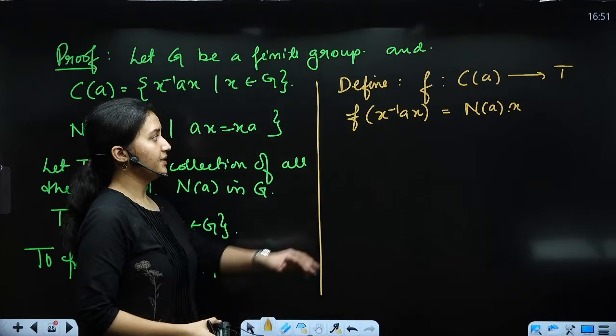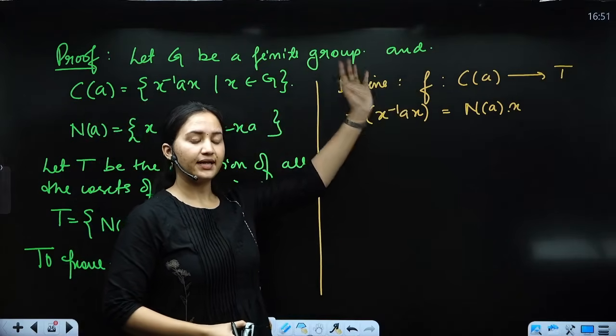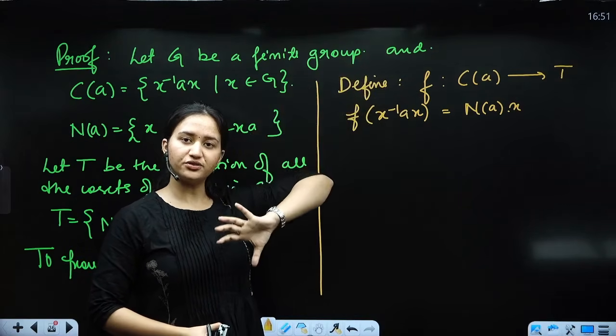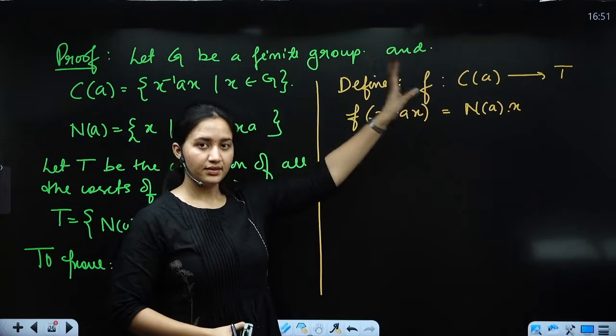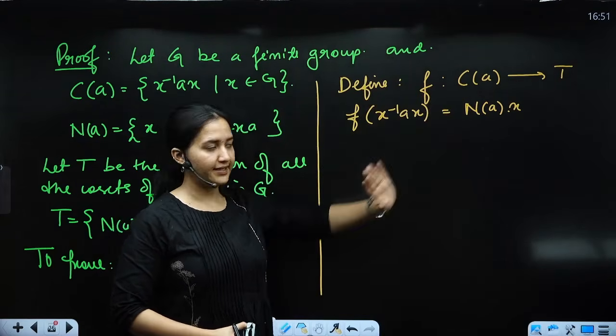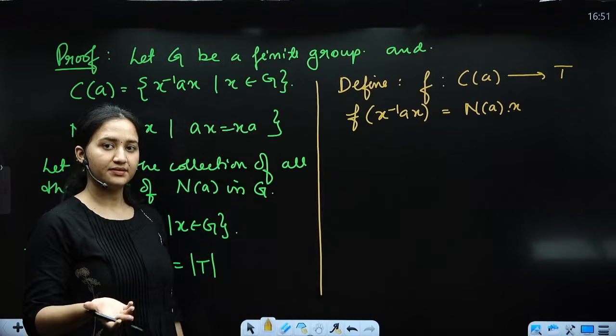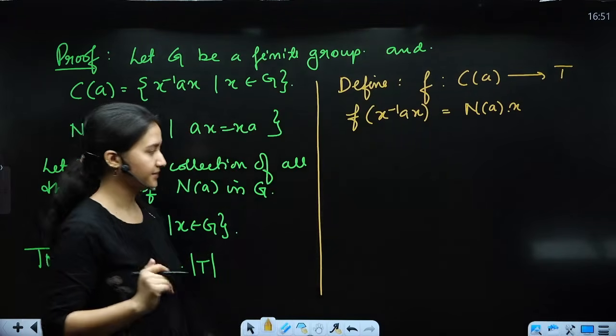Here we are picking elements from the set C of A, those of the form conjugates of A, that is x inverse a x, and we are mapping them to the coset of that element with the normalizer, right?